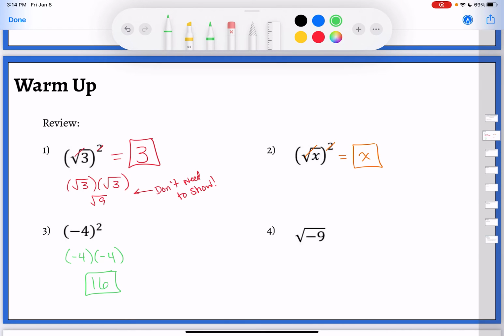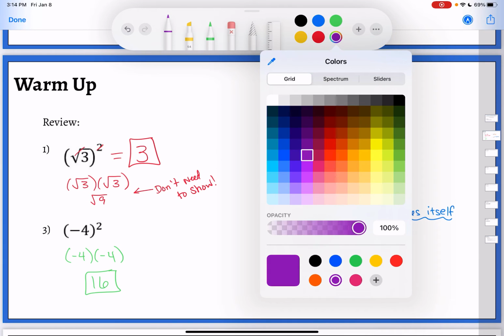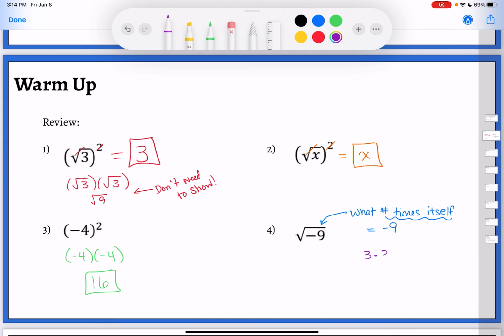Now, number 4 might kind of be a review, but also kind of something new. Really, we're reviewing what a radical means, right? Remember that a square root means what number times itself equals negative 9, right? So what number times itself equals negative 9 is what the square root of negative 9 means. 3 times 3 equals positive 9.